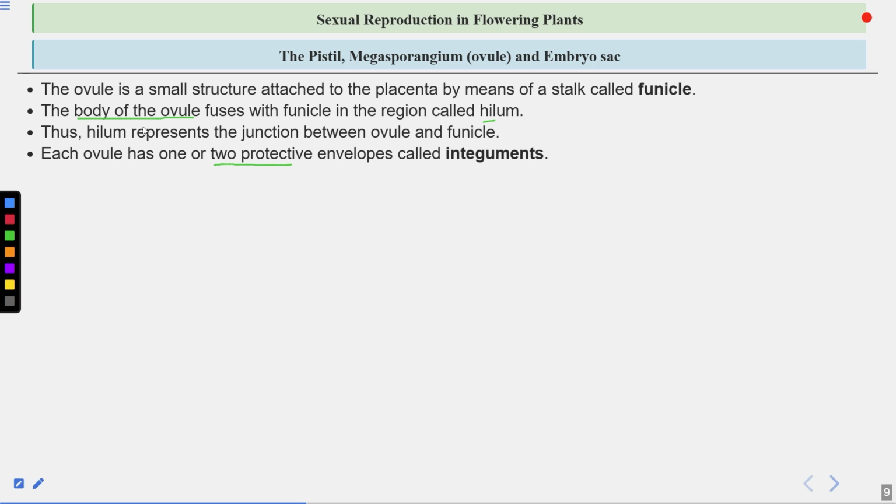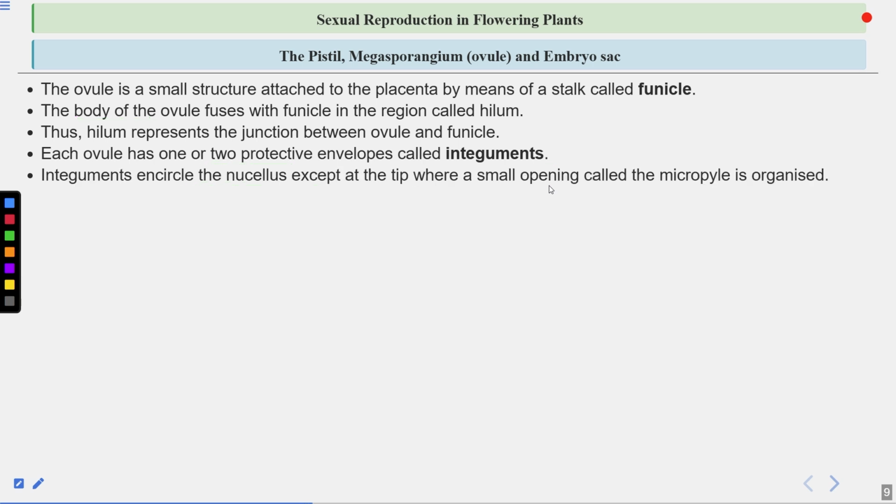This body of the ovule has two protective envelopes or coverings, that are called integuments. The integuments encircle the nucellus except at the tip, where the small opening called the micropyle is organized.